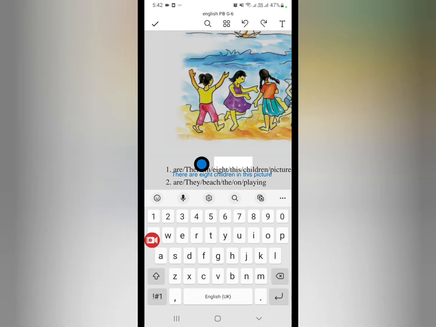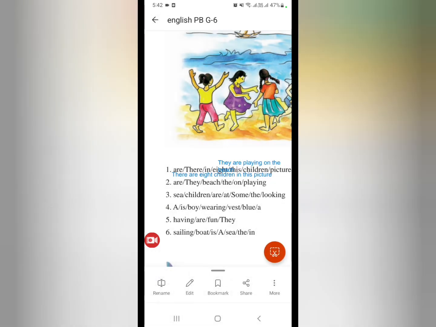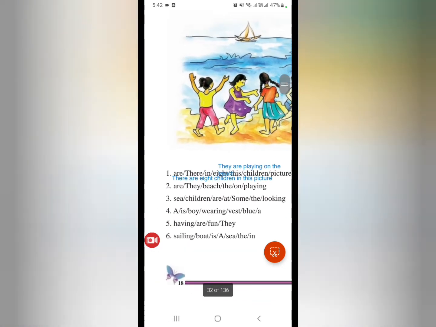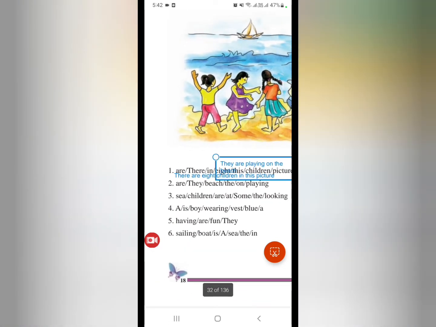Okay, they are playing on the beach. Okay. Now we'll go to the third one.